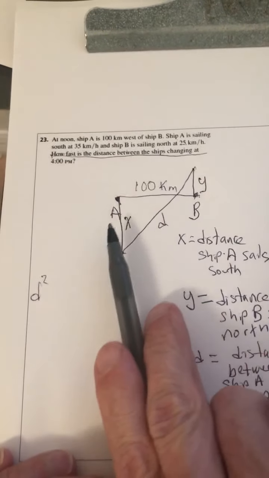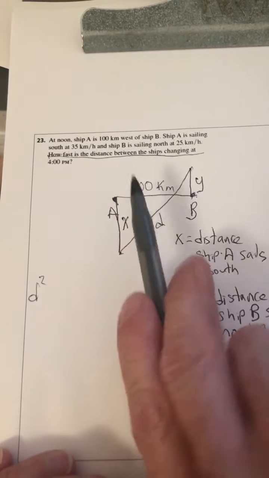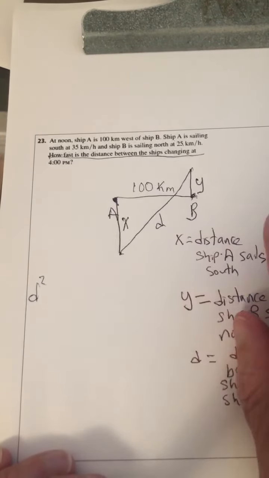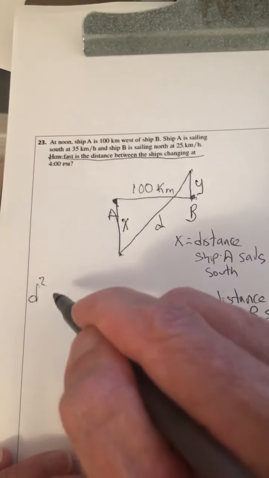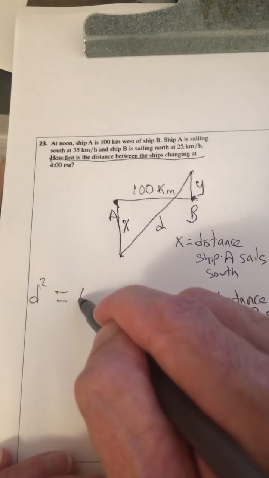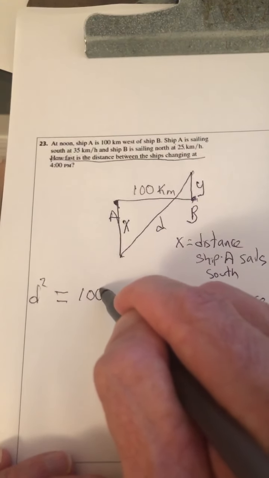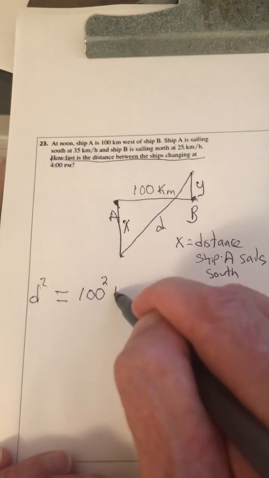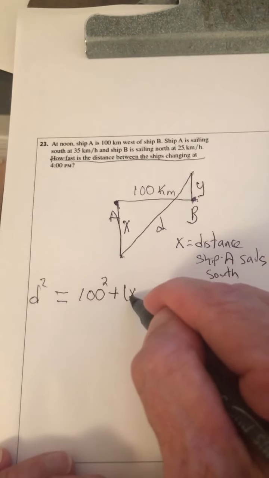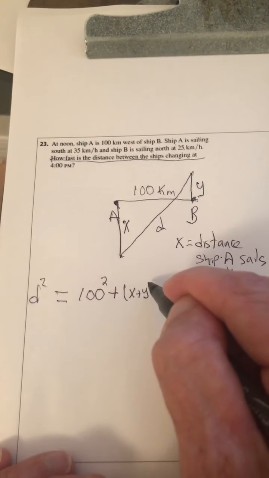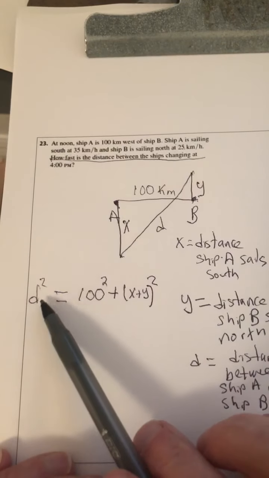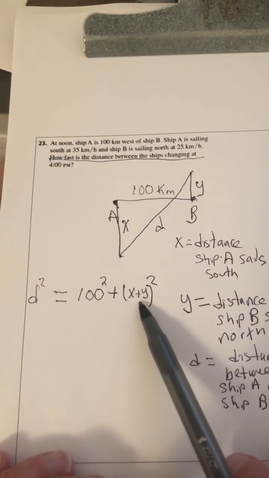I can slide this x here to the right, so I have an equivalent situation. The hypotenuse is going to be d, so d squared is equal to the horizontal piece, which is 100, so we have 100 squared, plus the vertical piece, which is going to be x plus y squared. So right here is the expression relating everything.